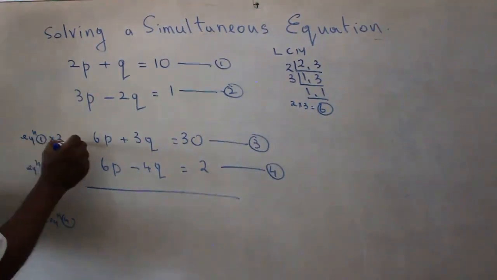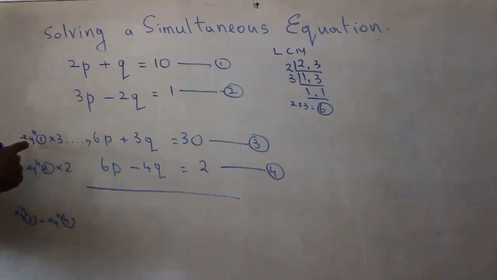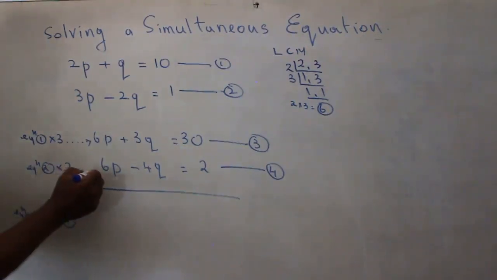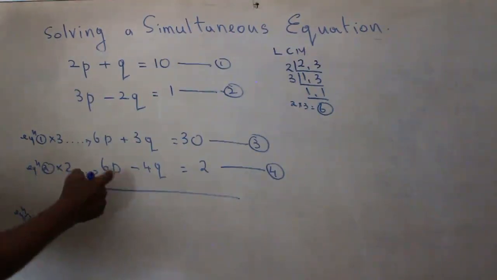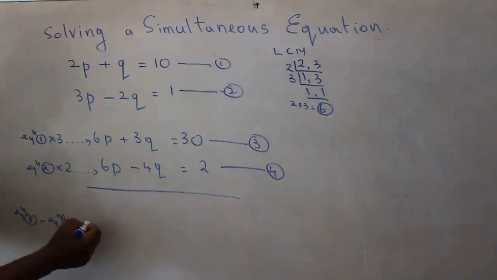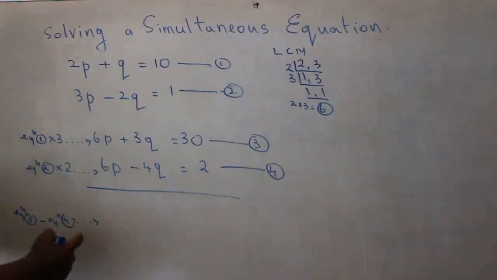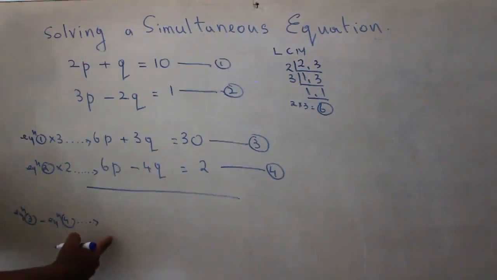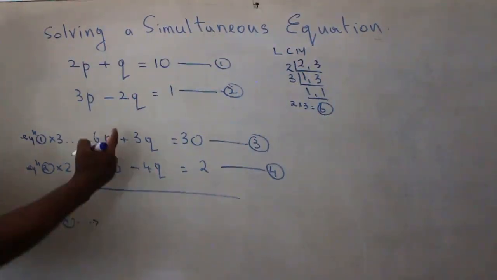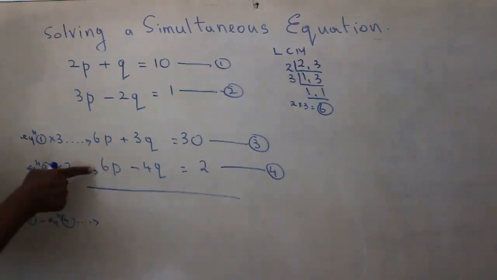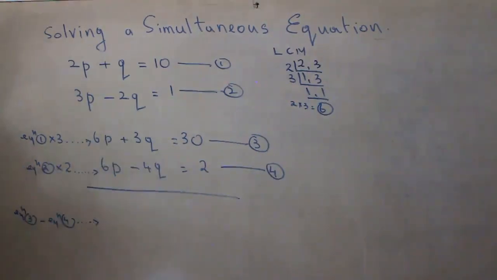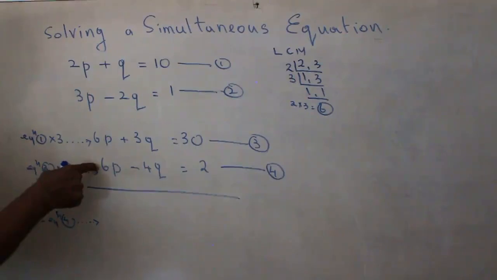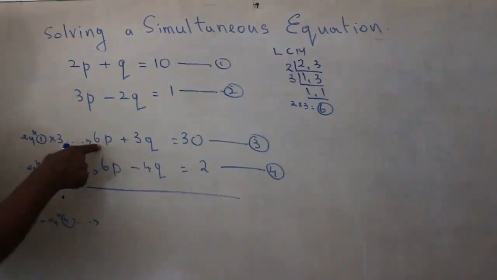This instruction must be written right in front of that equation because it applies to that equation. What happens when you subtract equation 4 from equation 3? The bottom line will change signs. So 6p minus 6p will become 0.